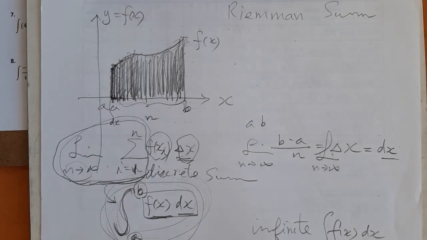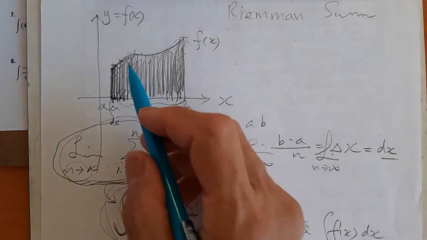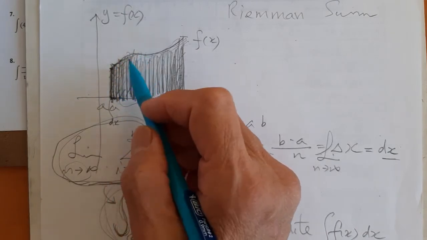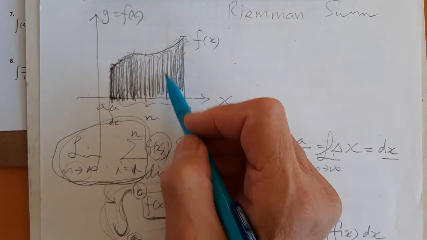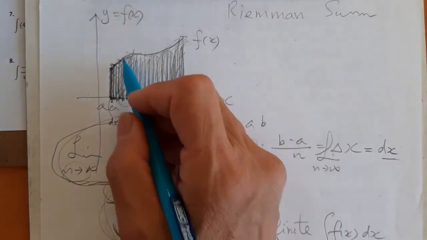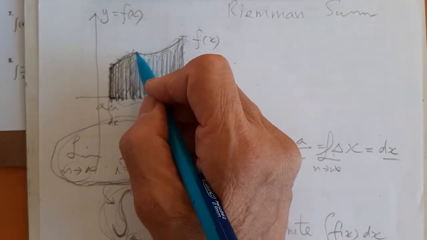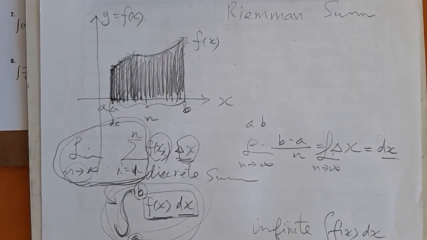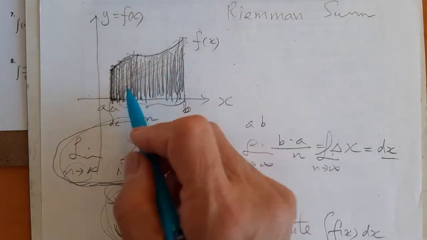Next, we talk about the average value. You can see those values are different because f of x differs. x is between a and b, and each x has its own f of x. This height is different, so we are going to find the average. This is the area, the integral from a to b.